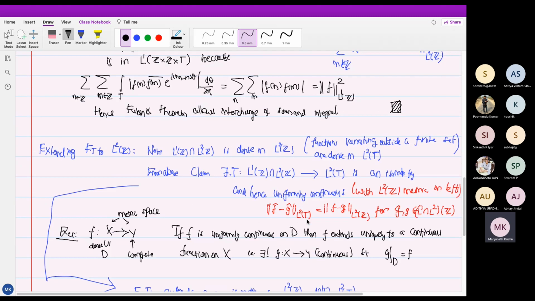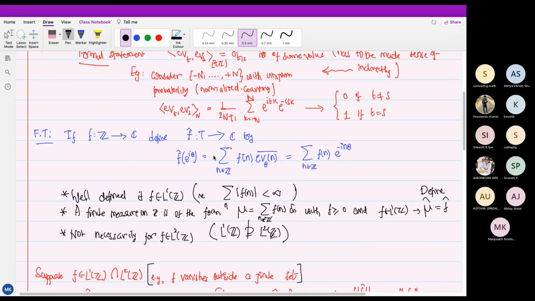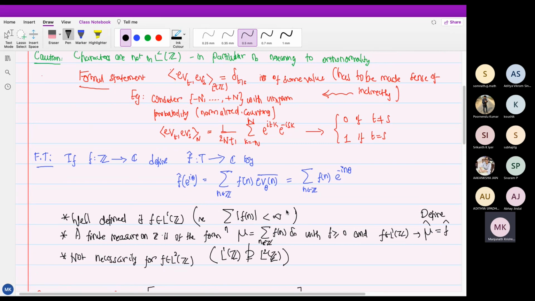This is because of the thing that I said, that on L1 functions we define the Fourier transform.